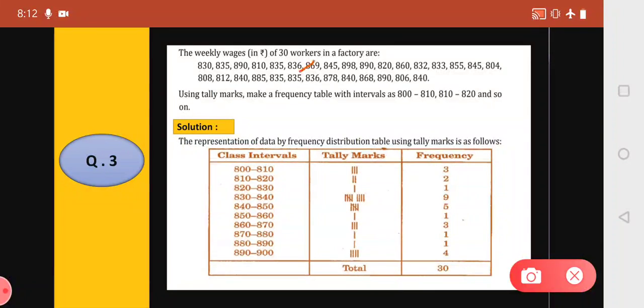Yes, 869, then 860, then 868. So total 3 frequencies come in the class interval 860 to 870. So we'll make 3 vertical lines as you have seen, and the frequency is 3.